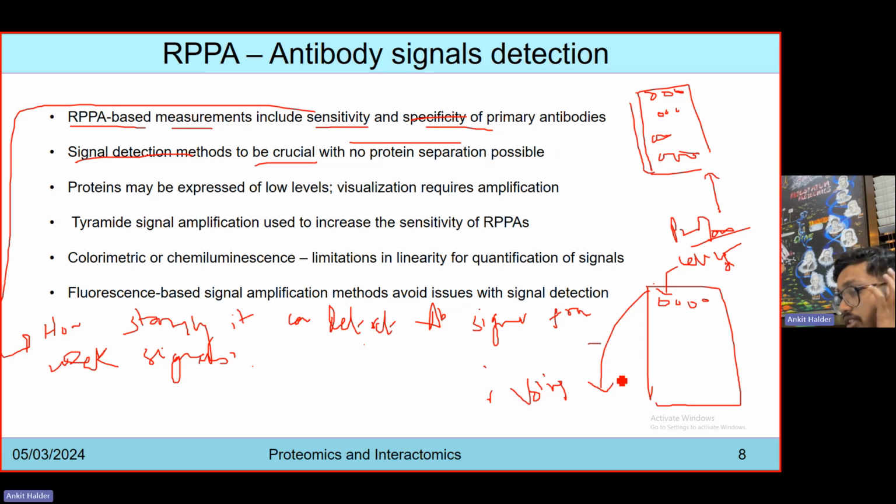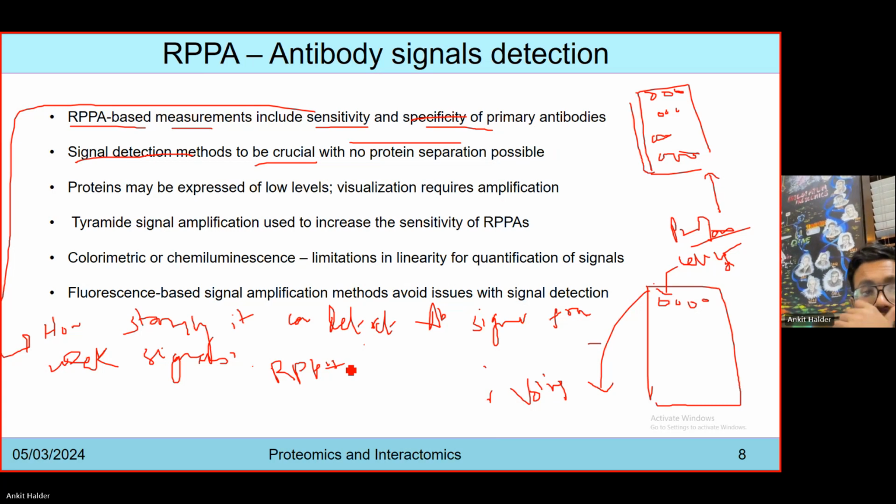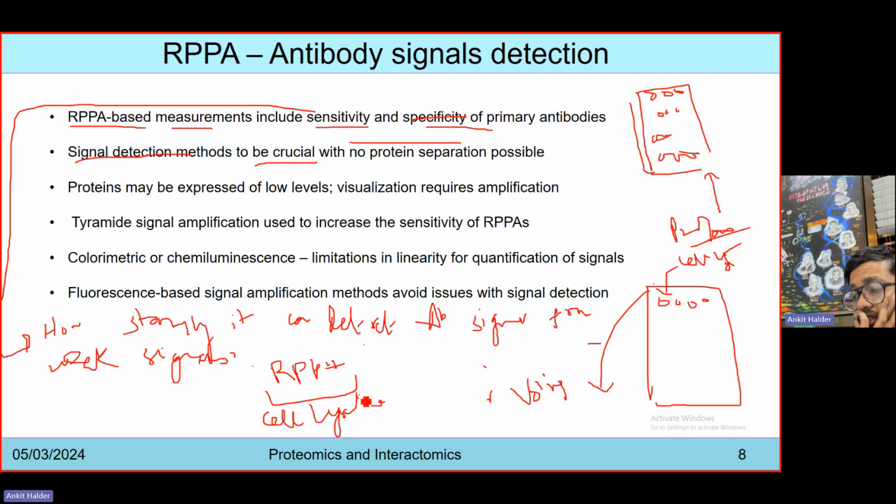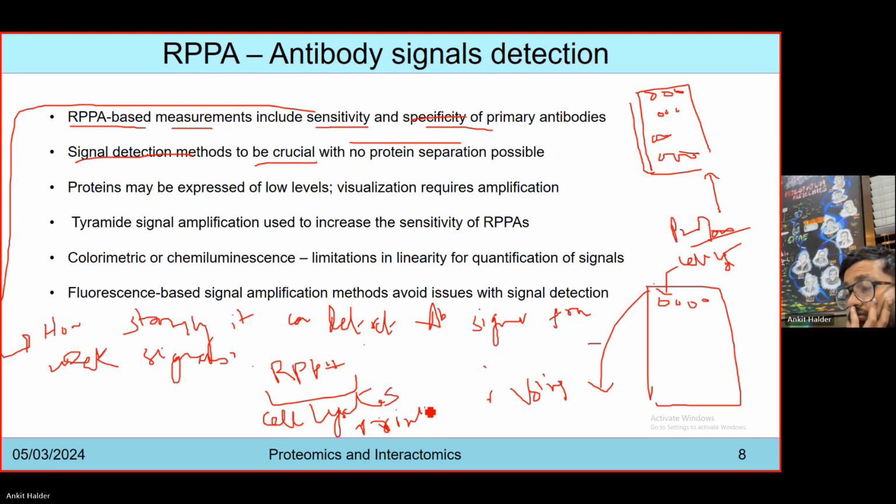In RPPA, cell lysates are printed directly on the chip, so there is no protein separation.